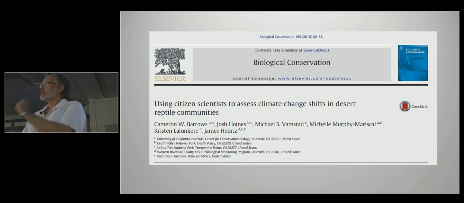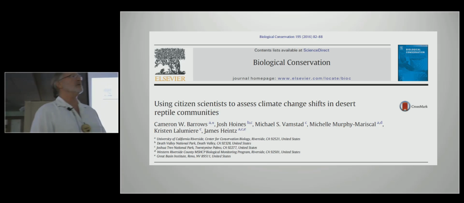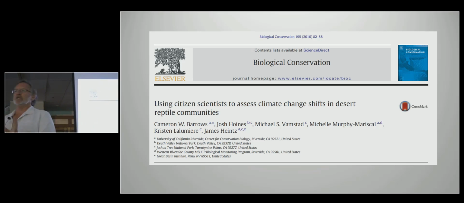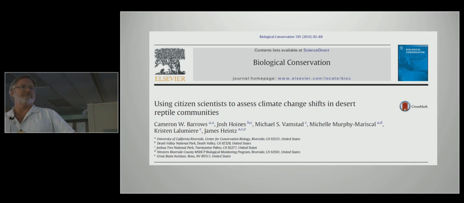We went out there with just scientists and said, go measure lizards on this plot. Then I took the citizen scientists out, and we did it, and we found more species, more individuals, more sensitive species, more rare species than the scientists ever found, just because we had more eyes. It wasn't because the scientists were bad scientists, it was because there were just not enough of them.